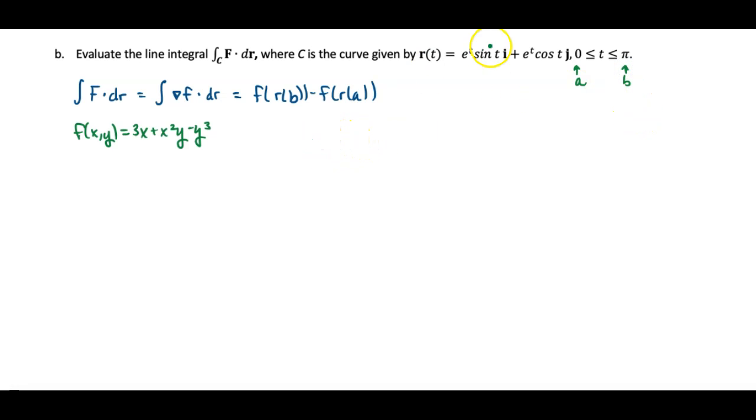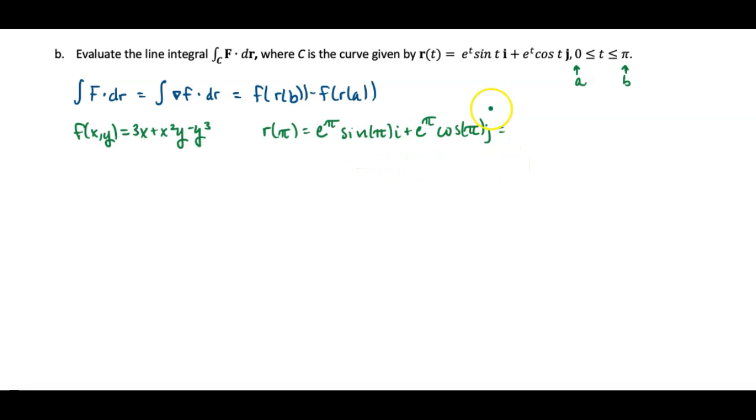And so we can find r of b by finding r of pi, which is equal to e to the power of pi sine of pi i plus e to the power of pi cosine of pi j.